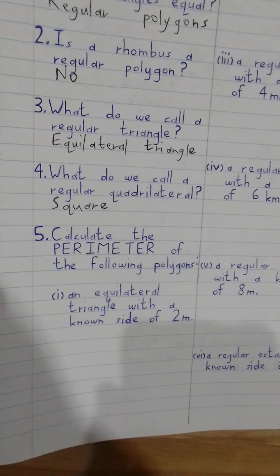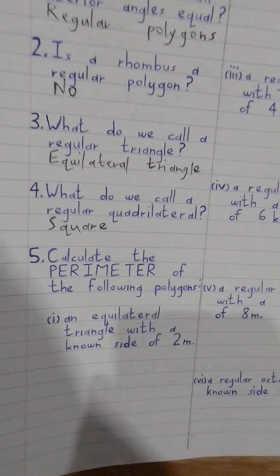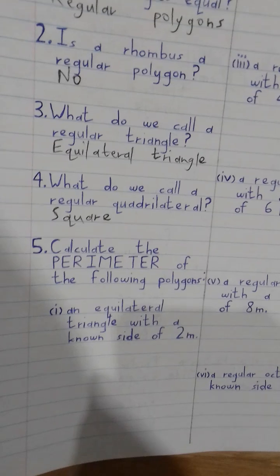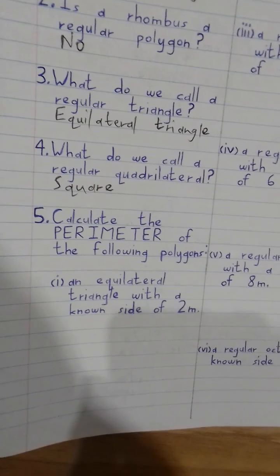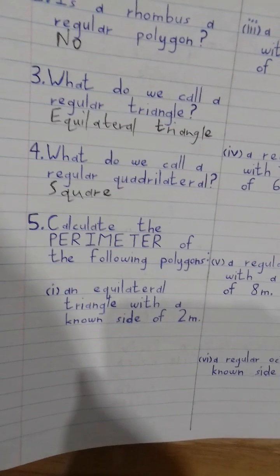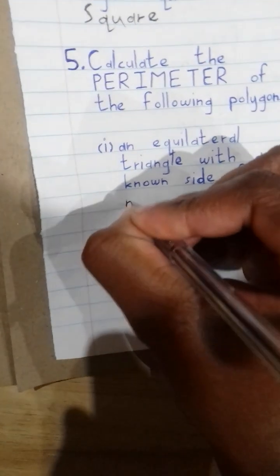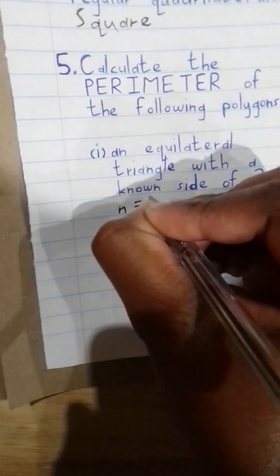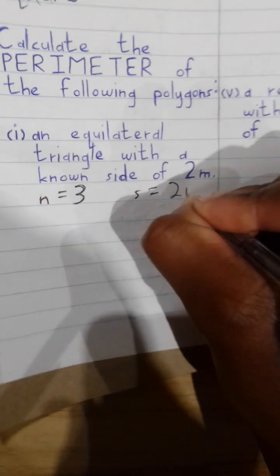Okay. Number 5 states, calculate the perimeter of the following polygons. Roman numeral number 1, an equilateral triangle with a known side of 2 meters. An equilateral triangle has how many sides? 3, right? And the length of the known side is 2 meters.